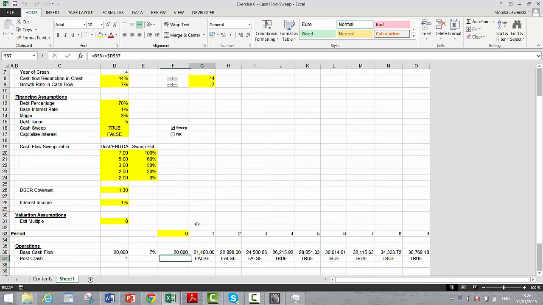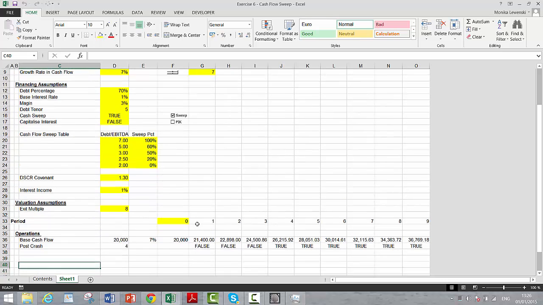It was a media company, and they didn't assume dramatic growth rates, but the leverage was very high, and it just completely tanked. And then we put our post crash cash flows.